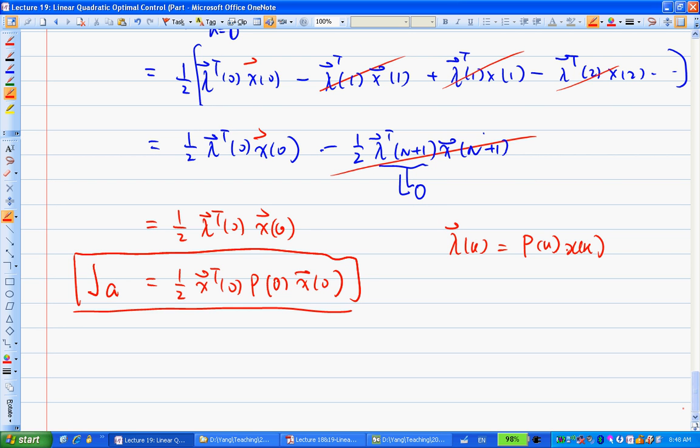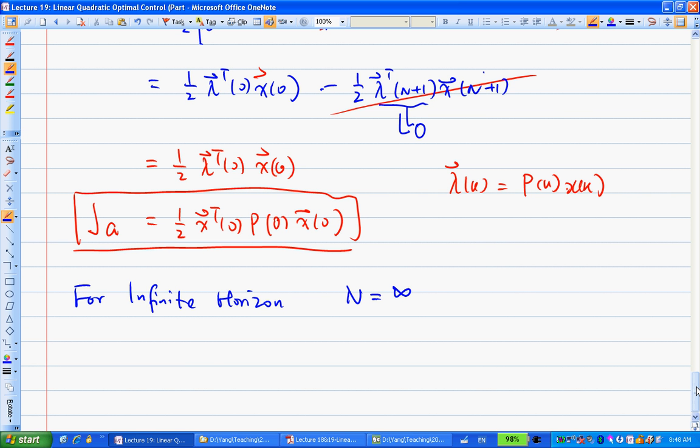Then the last point I want to make is for infinite horizon. So basically the n goes to infinity. In this particular case, what would be the formulation for the optimal control?